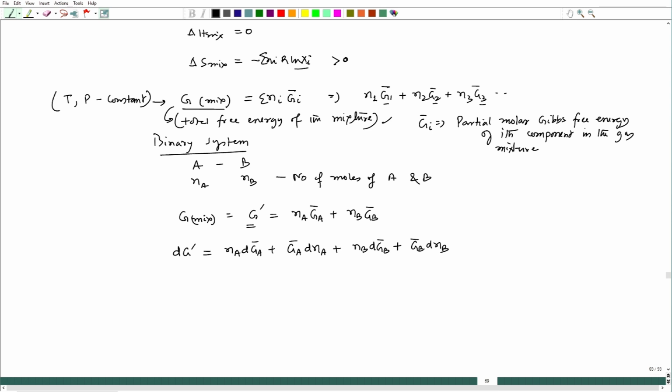We can write this. Now let us look at the Gibbs-Duhem equations.